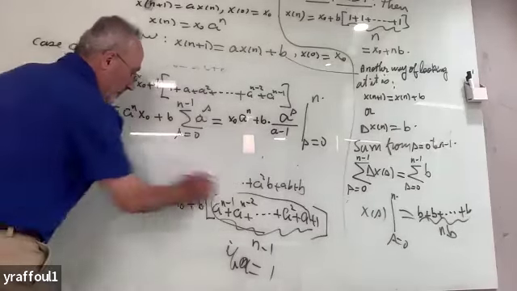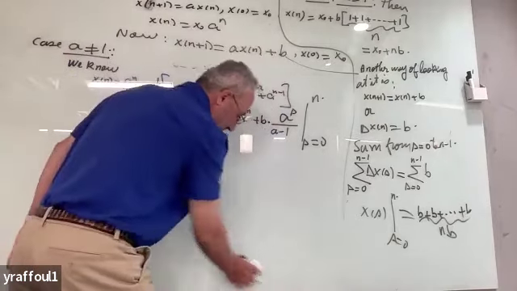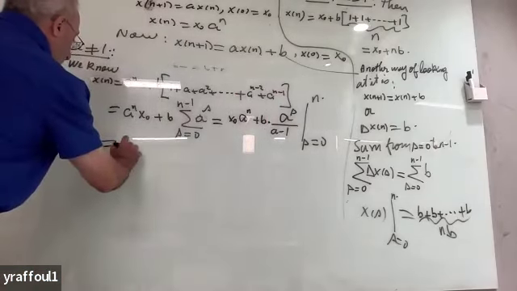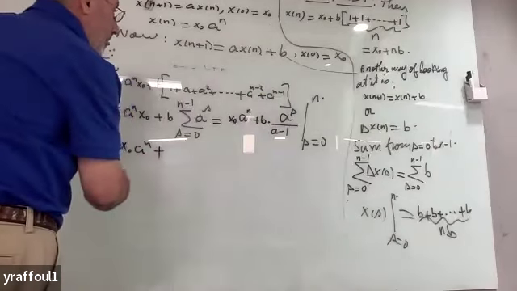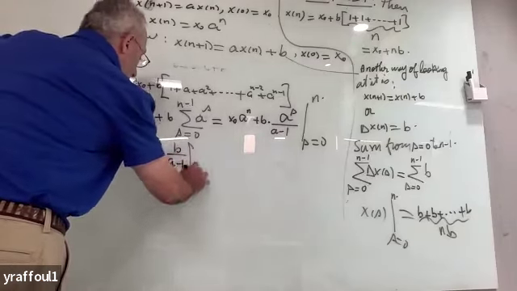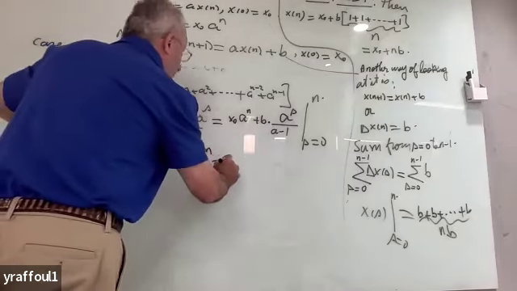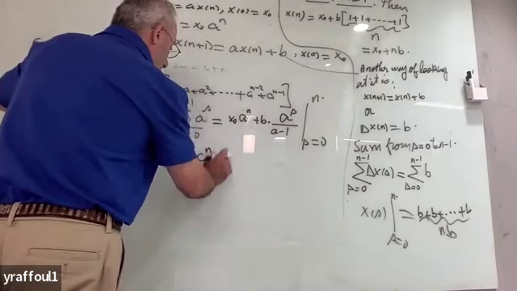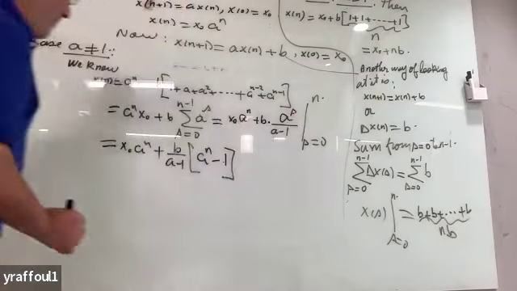And evaluate this. This is x0 a^n plus b over a minus 1 times a^n minus, oh yeah, a^n minus 1. Because if you put s equals 0, a to power 0 is 1.